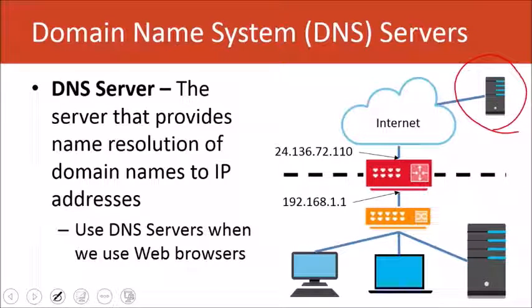Then that DNS server is going to send us back the IP address for bing.com. That's the actual IP address for Bing. And if you type that into your browser right now, you actually should be able to access Bing without typing in the name. But what that DNS server did was translate that name into an IP address that we can then use to access the web server where Bing is located.